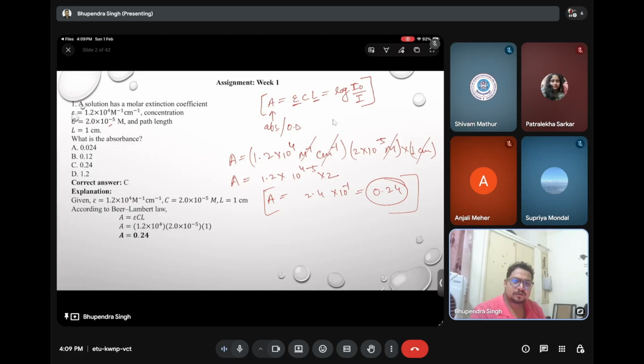In that you can see the actual absorption data of my sample, my protein which I have labeled with some fluorescent dye. Okay, I think this is fine, both of you, and Shivam, Patlika also.